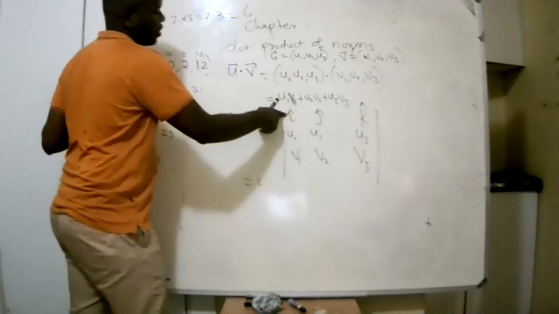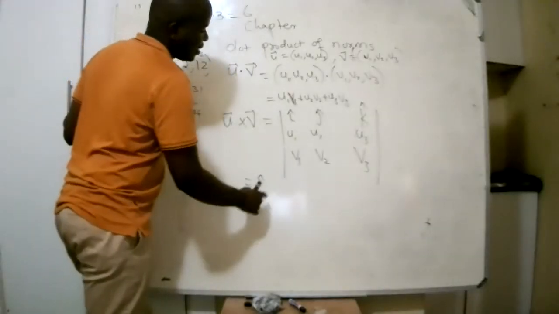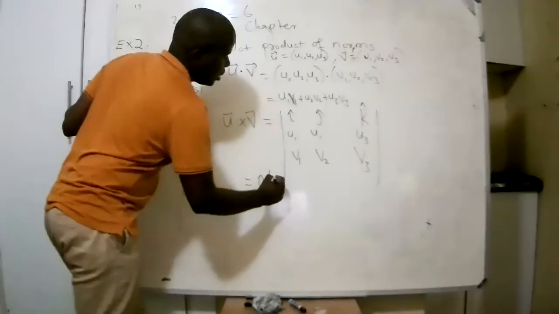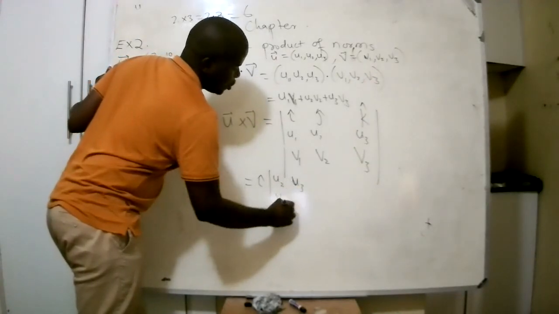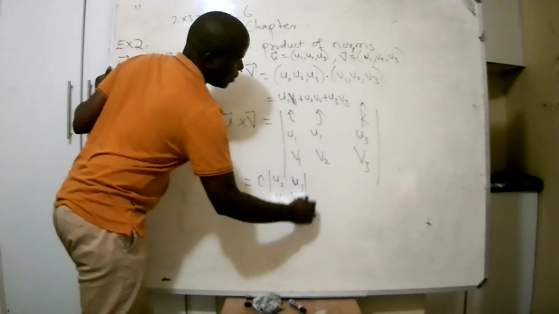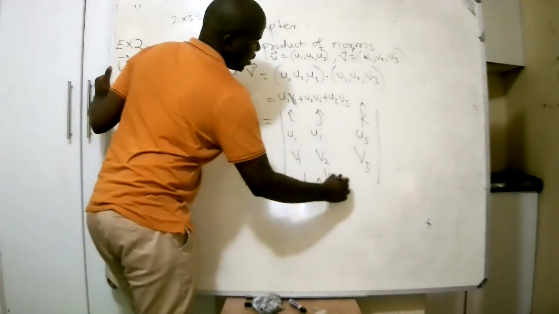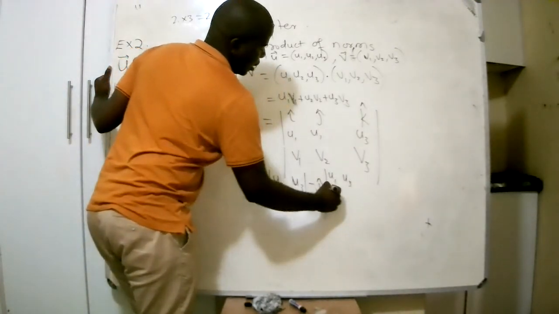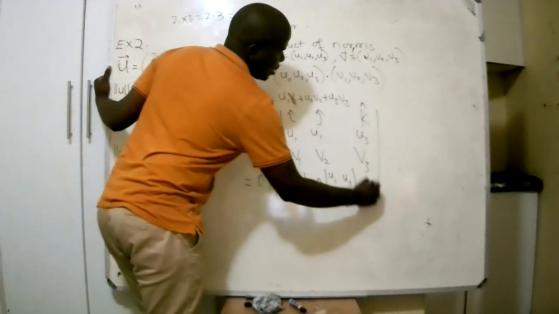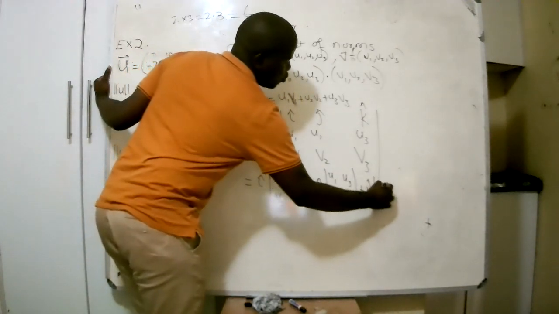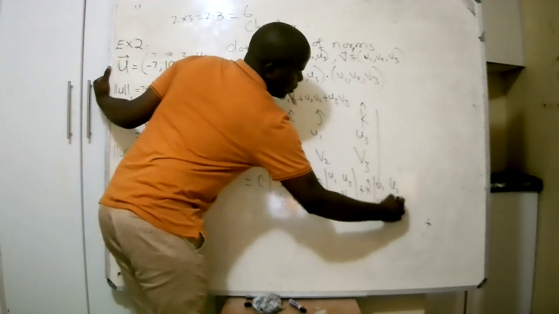We hold the first one, i. When you hold the i, you will have u2, u3, v2, v3, and then minus j, and here we are going to have u1, u3, v1, v3, plus k, and then the last one is going to be u1, u2, and v1, v2.